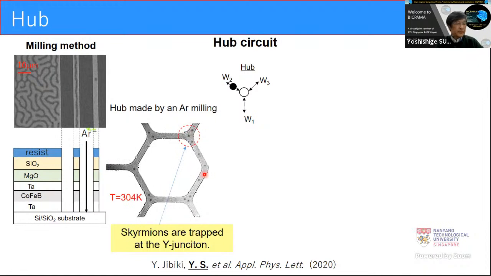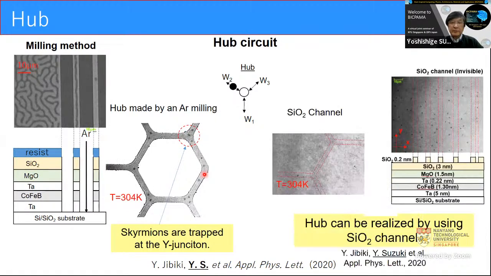Therefore, we have developed a method to form channels without cutting the magnetic film. The method was already explained in this talk. In this new hub, the Skyrmion moves freely around this circuit.